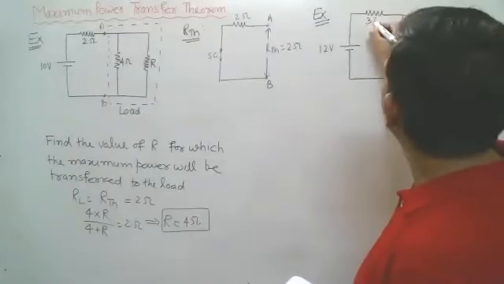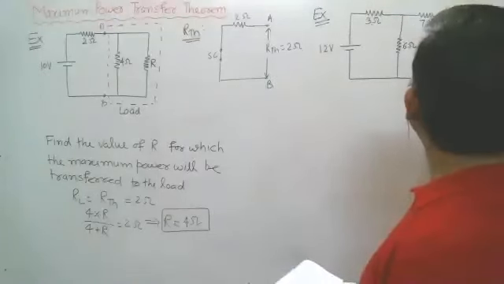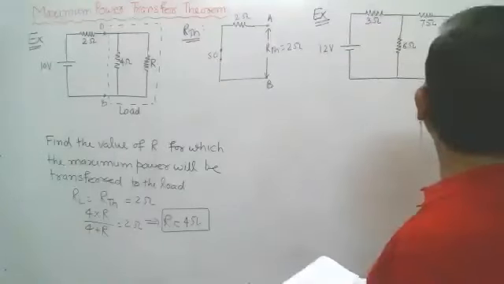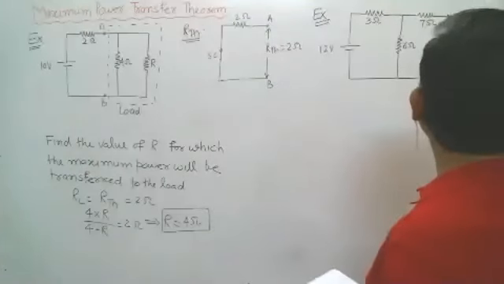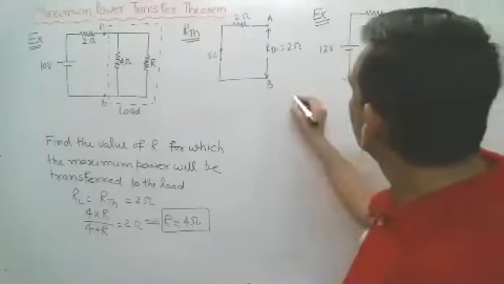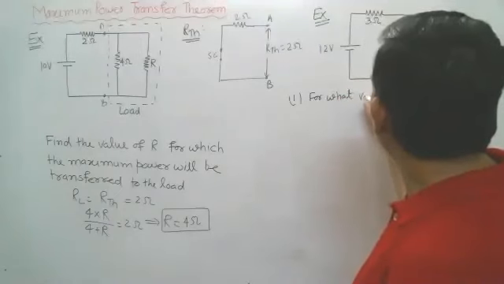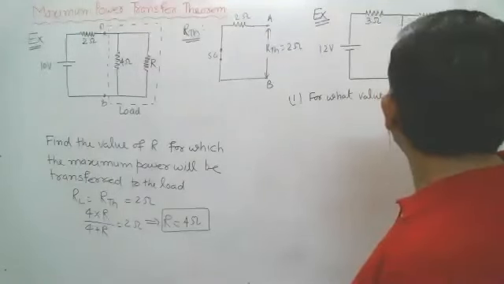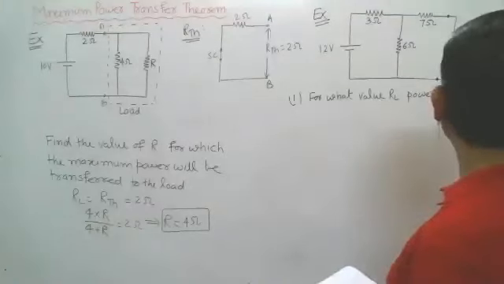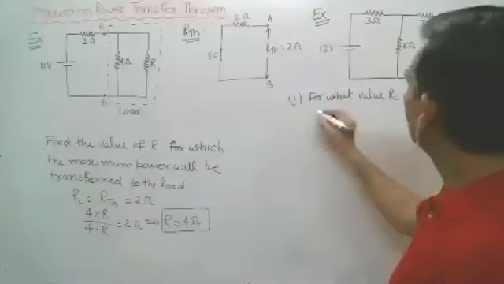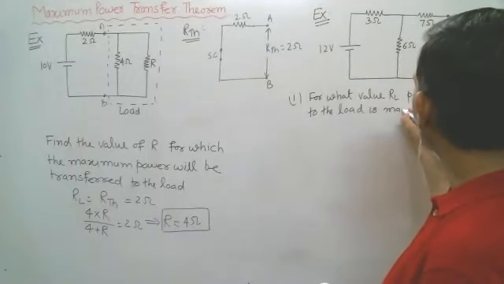This is 3 ohm. This will be 6 ohm. This will be 7 ohm. And this is R. So find for what value of RL the power delivered to the load is maximum.